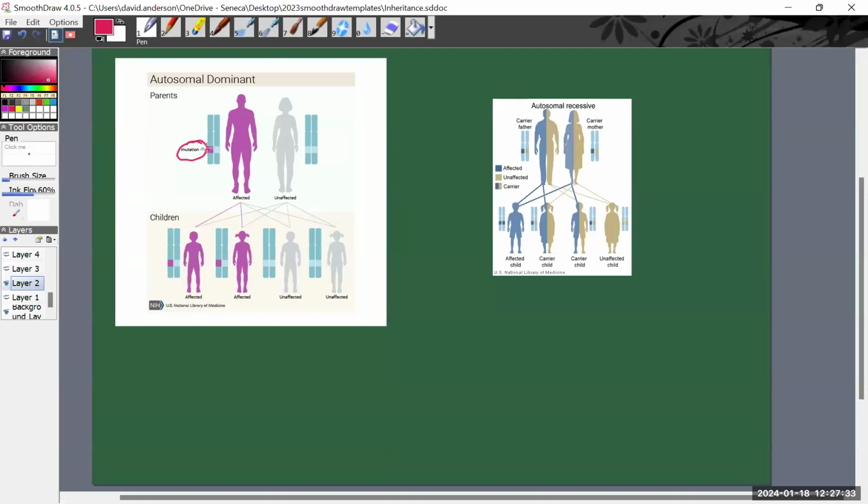Dad is expressing the mutation. If the mutation is dominant, then only one allele needs to be present to be expressed. So this is a situation where the mutation was dominant, and anywhere the mutation is present is going to be expressed.